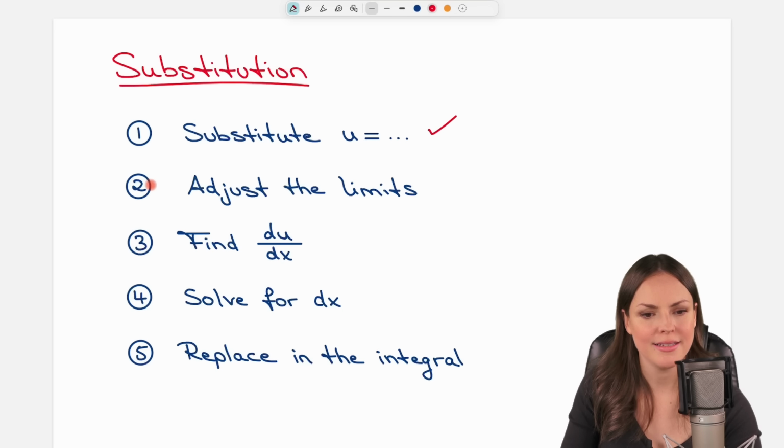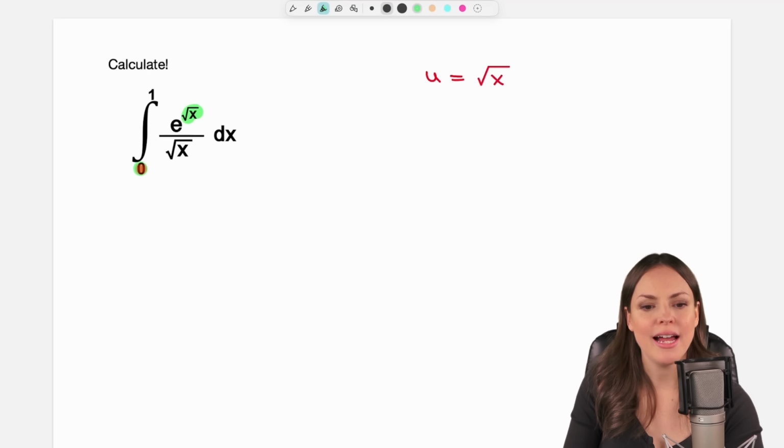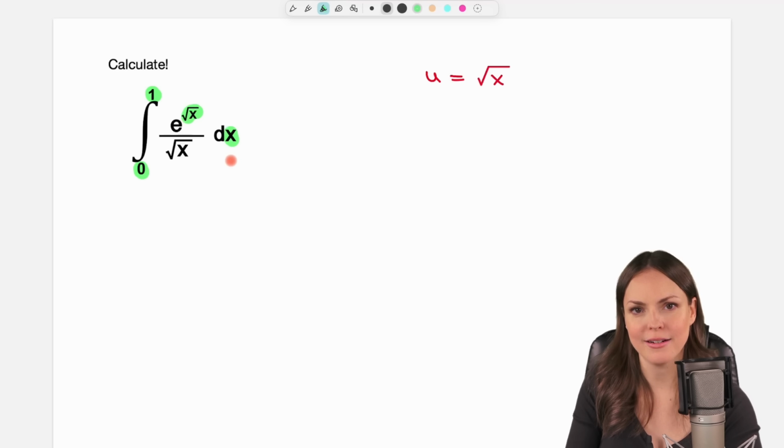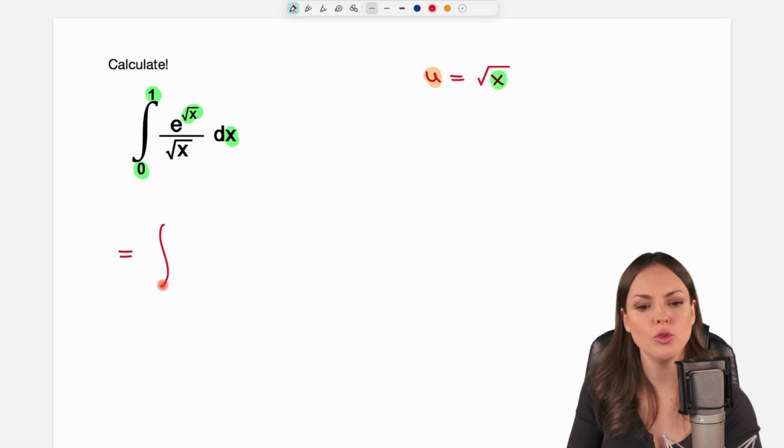This was the first step. Second, adjust the limits. We have limits here. If you don't have limits in your integral, then you don't have to do anything, so you can just skip this step. But if you have limits, we have to adjust them now, because these limits belong to my x. Because we're going to substitute x by u, we need u limits now, new limits that belong to my u.